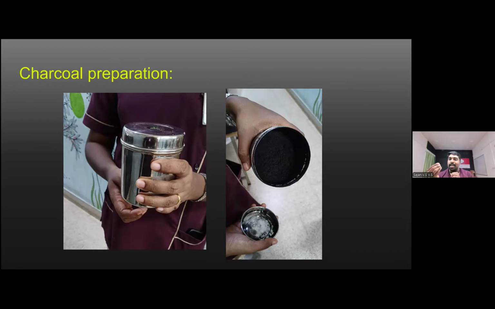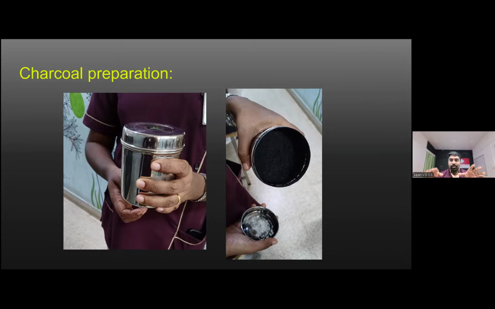We apply this paste on a dressing pad. We do not place this dressing pad directly on the wound. We first clean, apply the ointment, and pack with the normal dressing pad. On that extra dressing pad, we apply this prepared dressing pad.